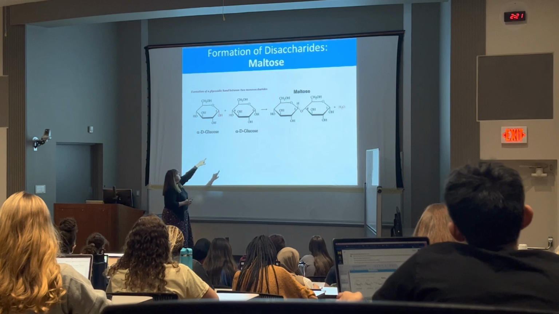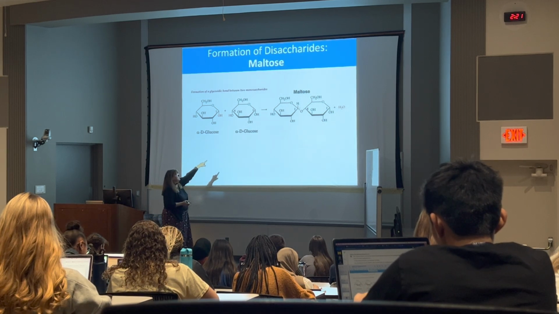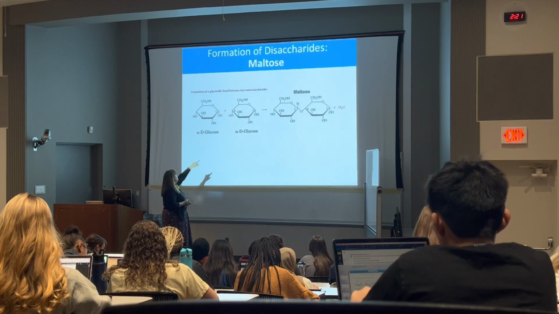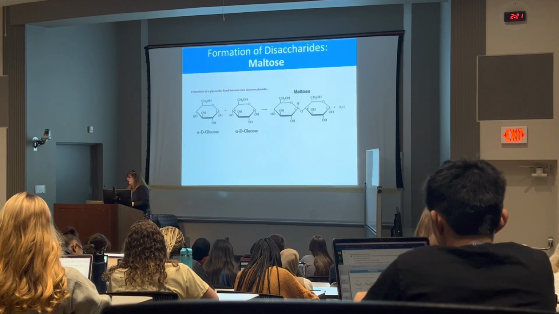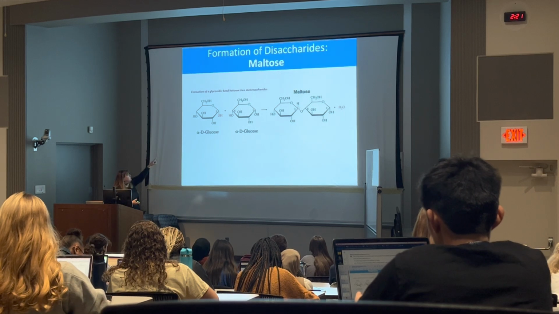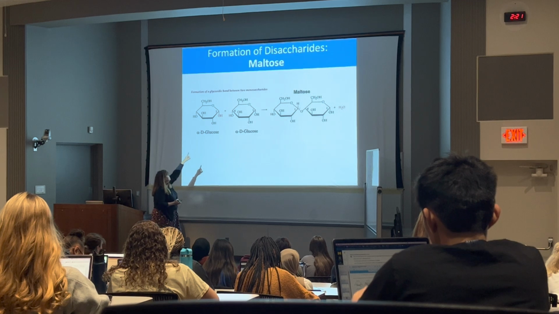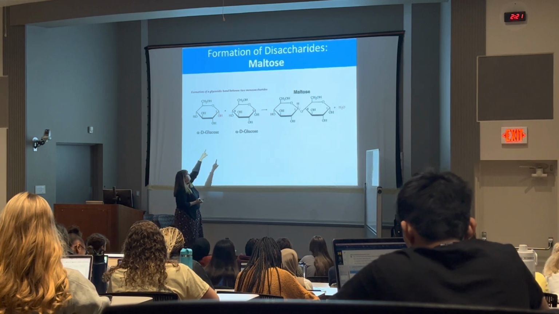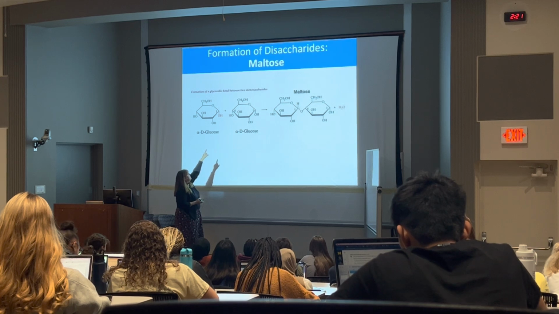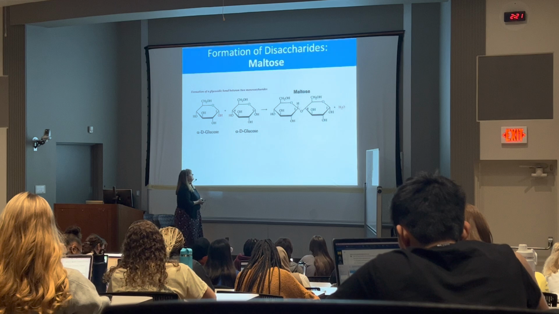So it's two glucose molecules. Notice they're alpha D-glucose. Both of them are alpha D-glucose, and they are going to join by their anomeric carbons. So the anomeric carbon of the first one is going to link up and react with the OH group off the fourth carbon of the second alpha D-glucose.